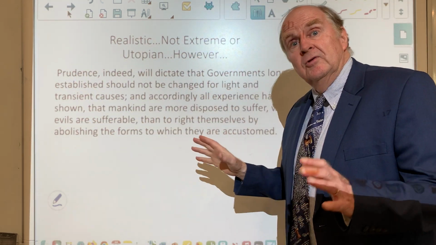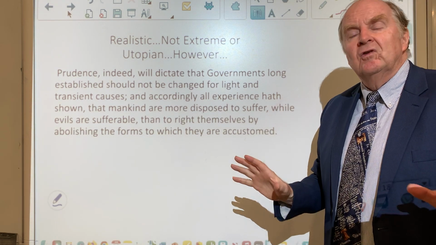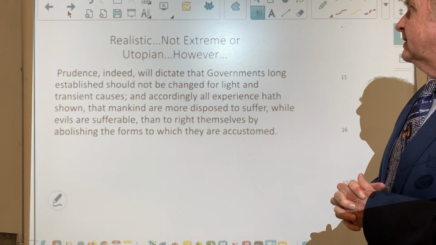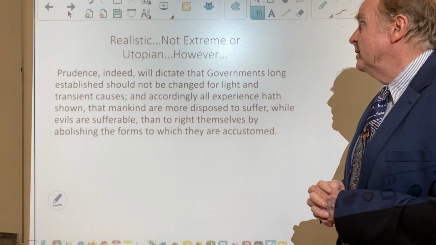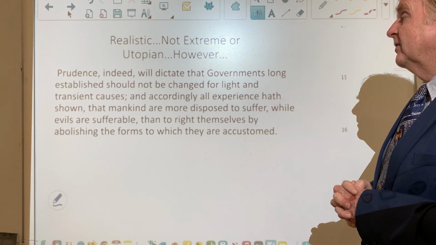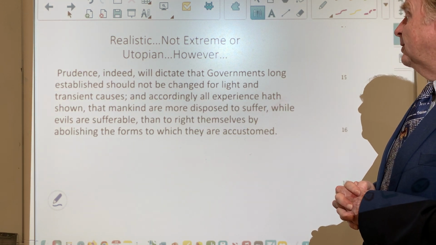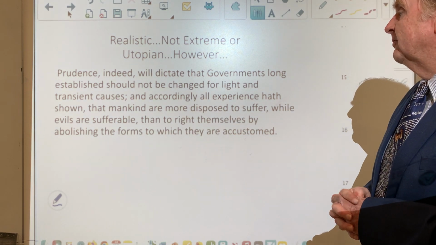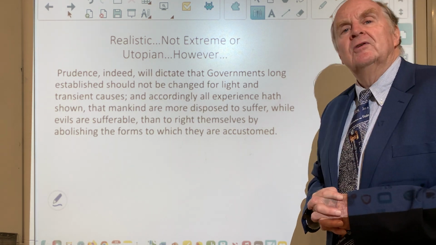Now, it goes on to say, hey, this is not something to be done lightly. Prudence indeed will dictate that governments long established should not be changed for light and transient causes. And accordingly, all experience has shown that mankind are more disposed to suffer, while evils are sufferable, than to right themselves by abolishing the forms to which they are accustomed.